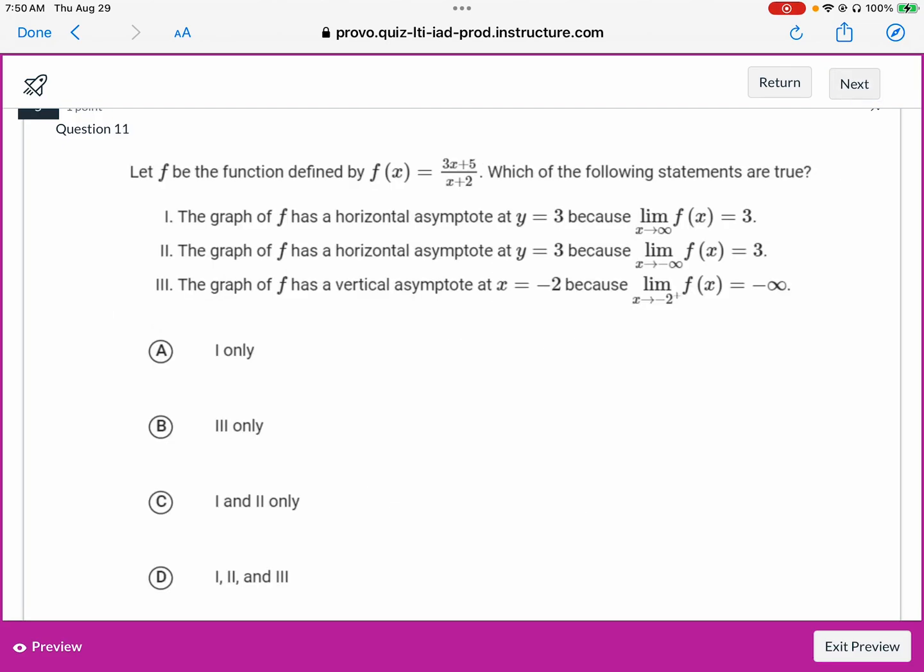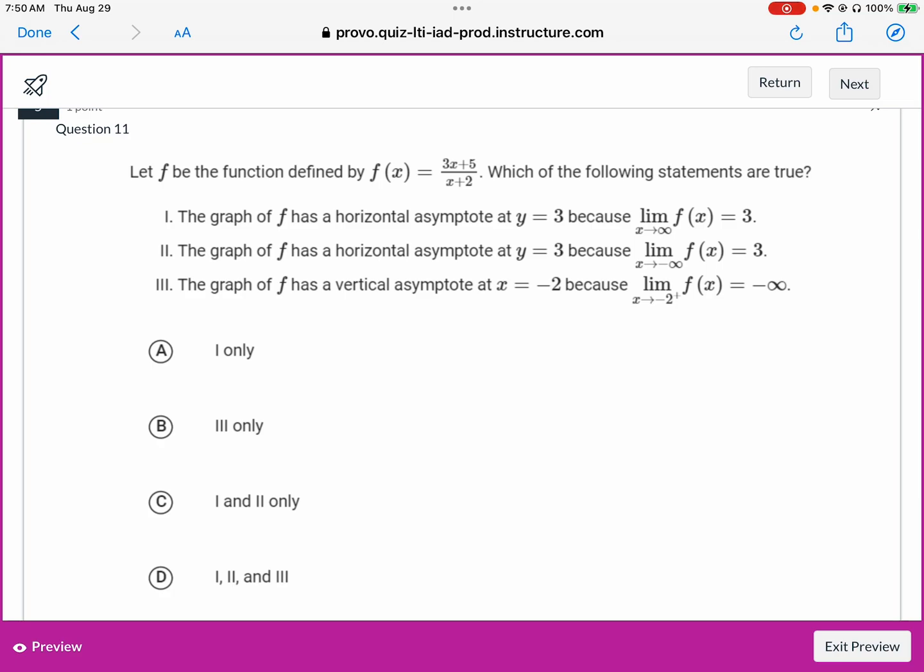Question 11, let f be the function defined here. Which of the following statements are true? The graph has a horizontal asymptote at y equals 3. So how do you check for horizontal asymptotes? Well, these are two rational expressions. So we have a linear over a linear. Now, they do have the same degree.